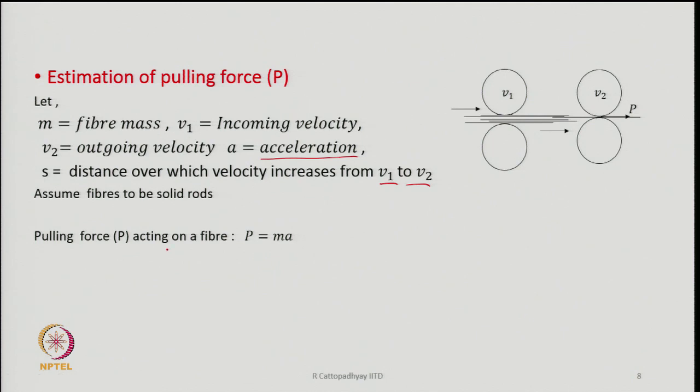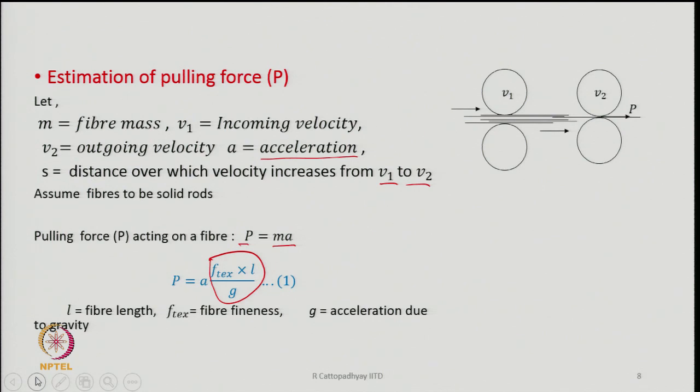Assume the fibers to be solid rods. So, the pulling force acting on a fiber is going to be mass into acceleration, P is going to be m into A. m is the mass of the fiber, and what is the fiber mass?